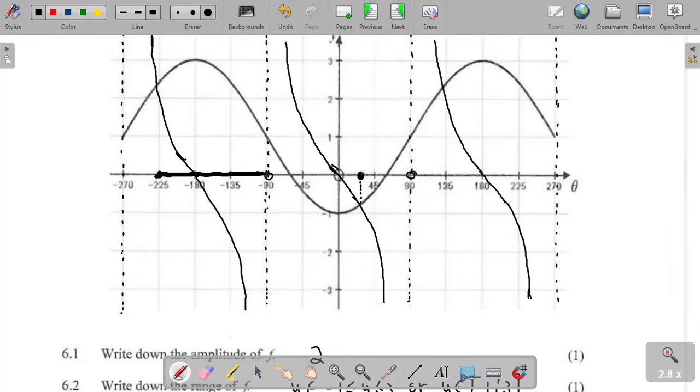Now from here we go up to here. It is still on top. And then from there, we go from 135, somewhere here. That point is included because they said greater than or equal to. And then we go all the way up to 270. There will be an open circle here.